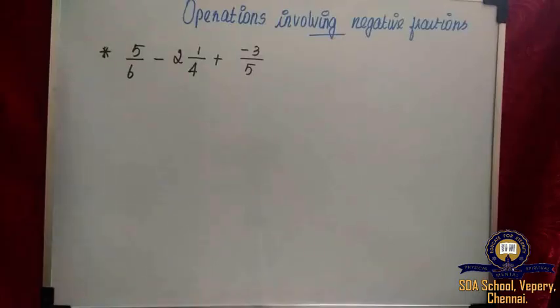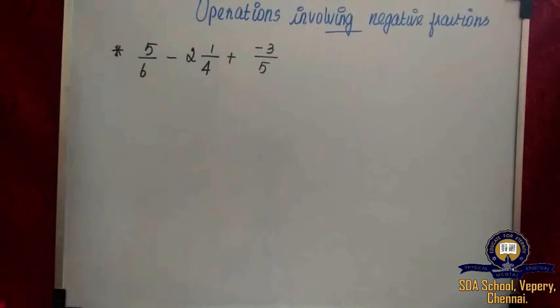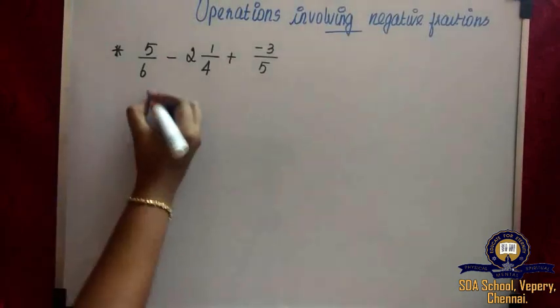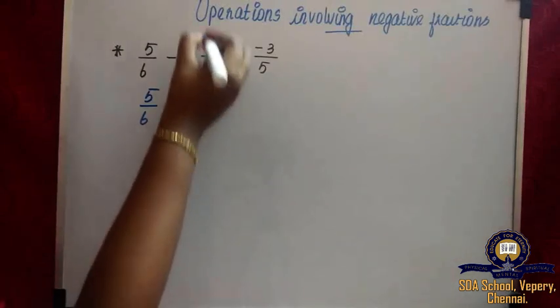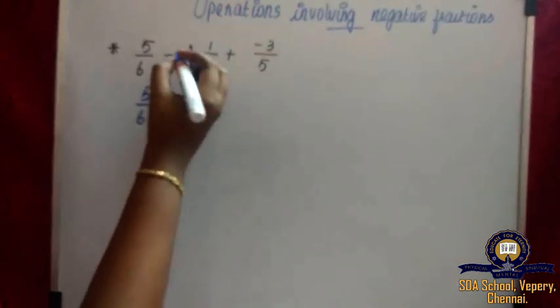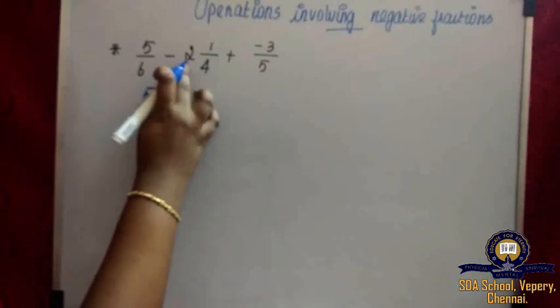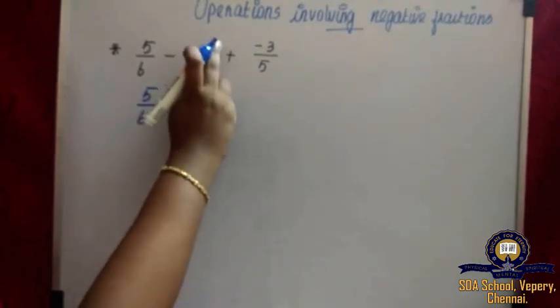Operations involving negative fractions. So, look here. 3 fractions are given and we have a mixed fraction. So, first we need to convert the mixed fraction into improper fraction. So, 5 by 6 minus, we need to convert this mixed fraction. 2 into 4s are 8 plus 1.